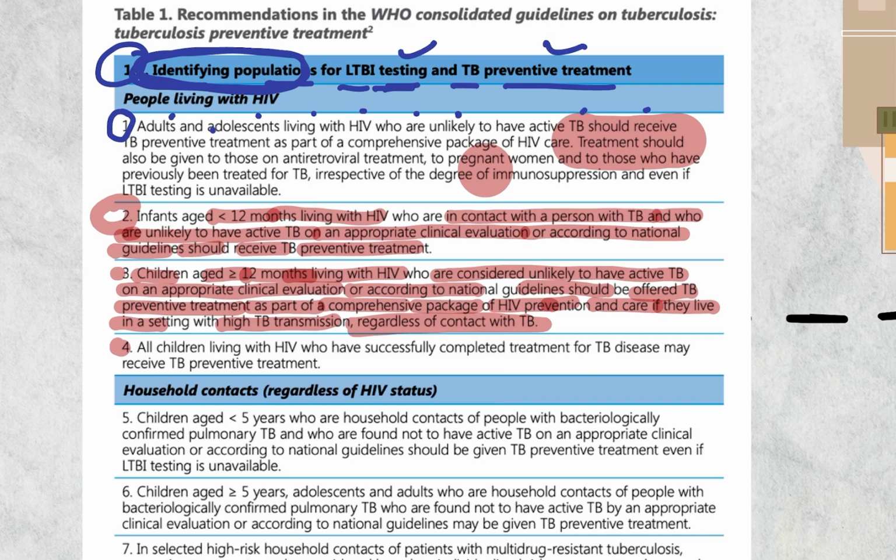Number 4: all children living with HIV who have successfully completed treatment for TB disease may receive TB preventive treatment.